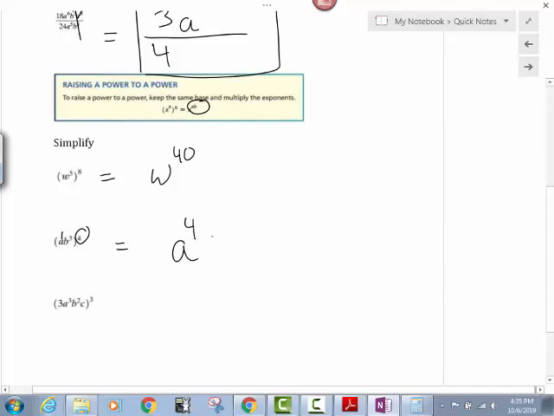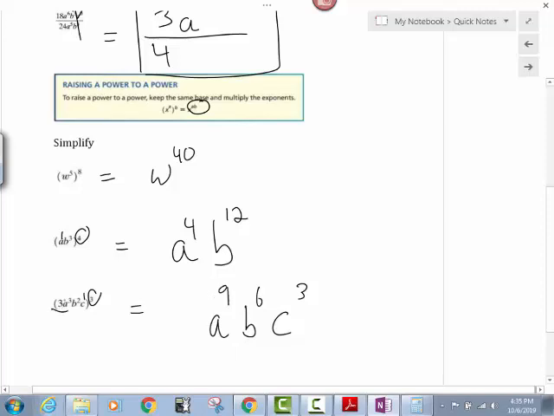So 1 times 4 is 4, and 3 times 4 is 12. Guys, I'm going to do the same thing here. I'm going to think of that power on my c as a 1, and I'm going to multiply each of those exponents by 3. So that'll give me 3. 2 times 3 will give me 6. 3 times 3 will give me 9.